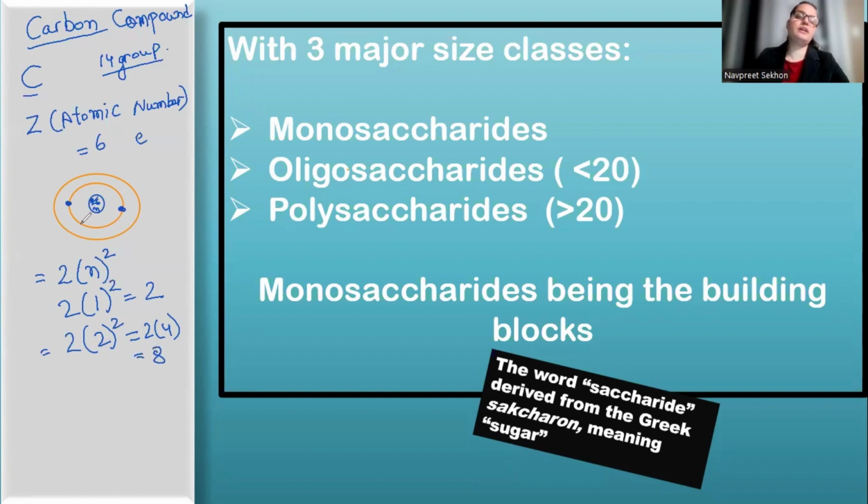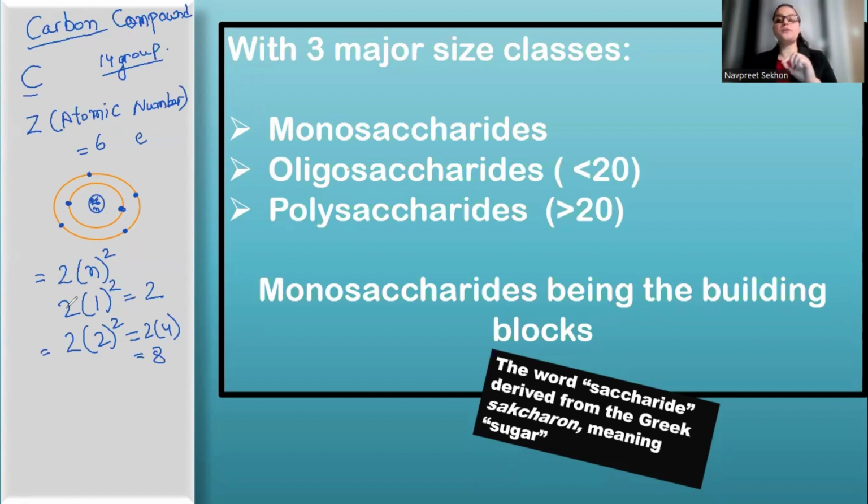So in the second shell, 8 electrons can be accommodated, but we are left with just 4. Those 4 are accommodated within the second shell.